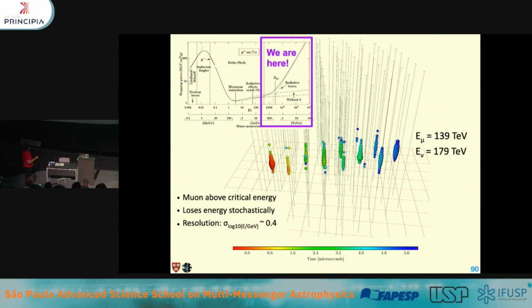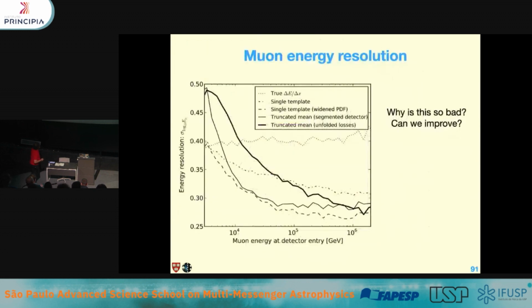So if I measure the energy loss, I can figure out the muon energy. Remember that we said earlier that muons of tens of TeVs can go several kilometers, which means that there is no way you can contain these muons in your detector, but you can measure the dE/dx and figure out the muon energy, more or less.